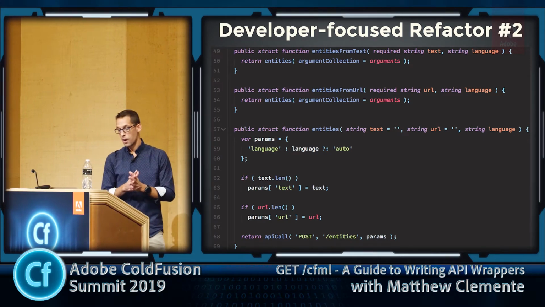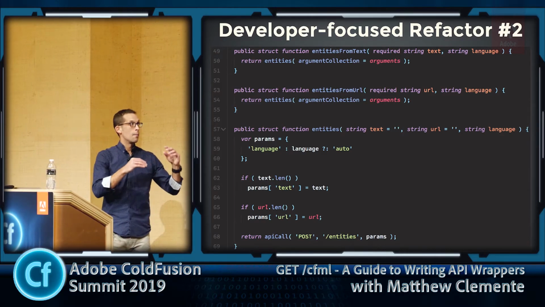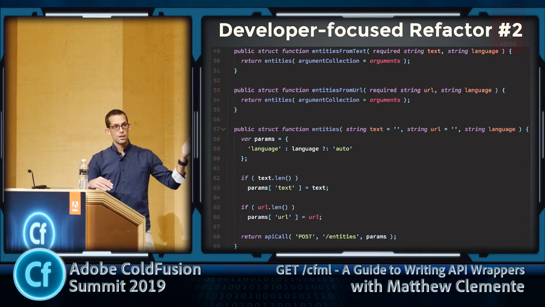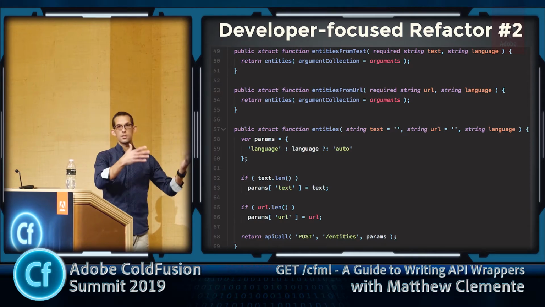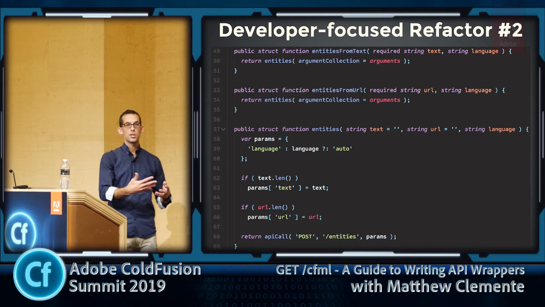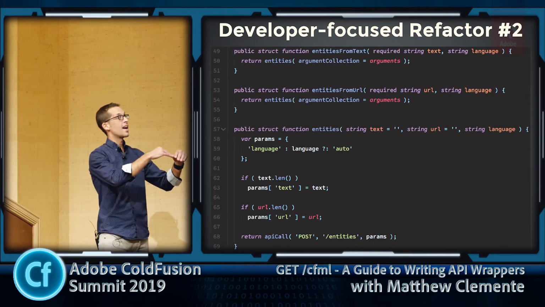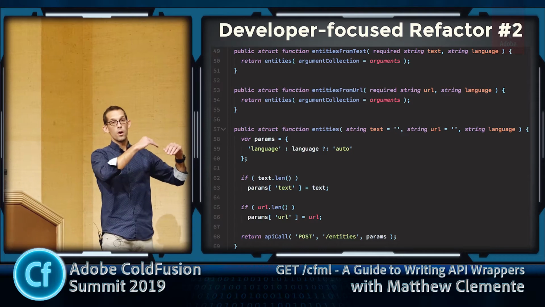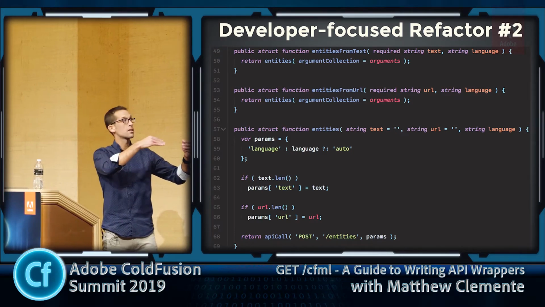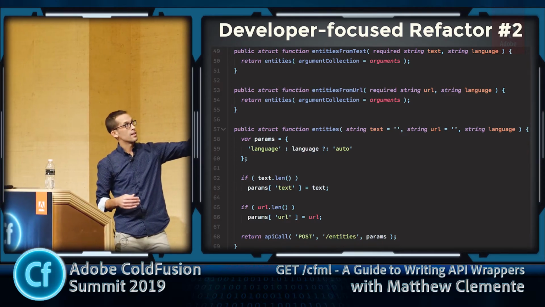Another approach would be you leave that main entities method there because it matches the official client, it matches the way the endpoint is, where it can take text or URL, but you provide additional convenience methods that delegate to that main method. So you add in entities from URL or entities from text, and you don't need to name the argument that's going into them.